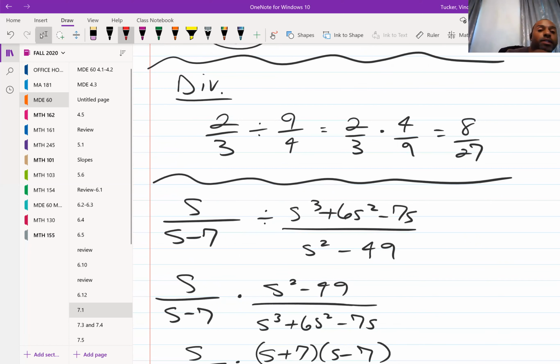So the division sign, change to multiplication, and then I flip this fraction. So before I factor out anything, I go ahead and change my division sign to multiplication. And when doing that, like I said, that means you need to flip the fraction that follows the division sign.